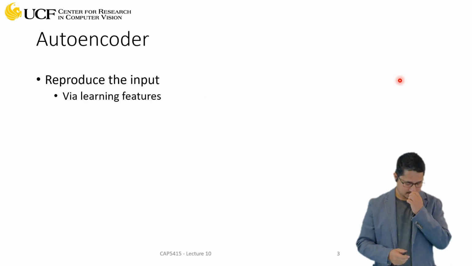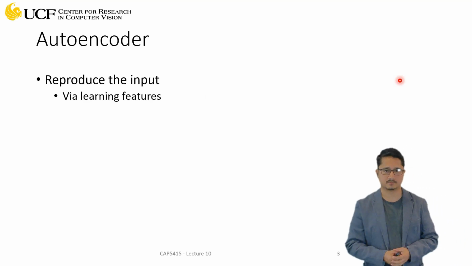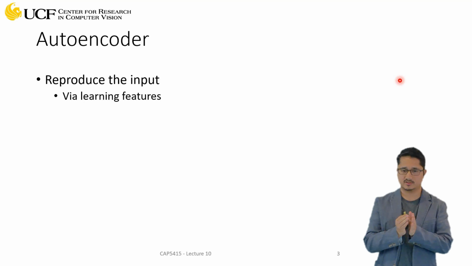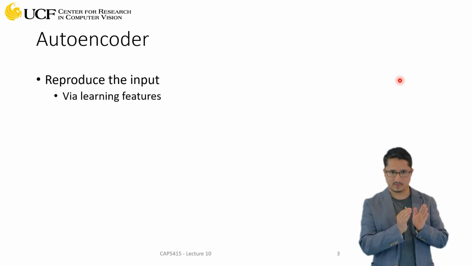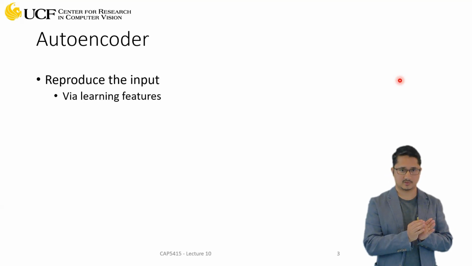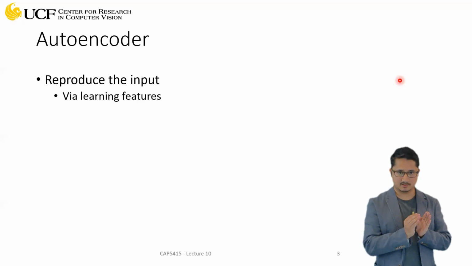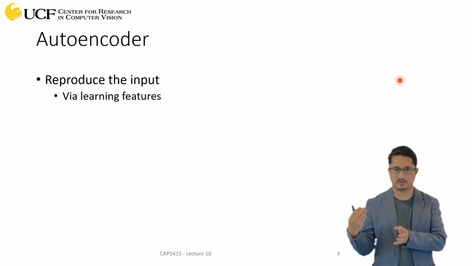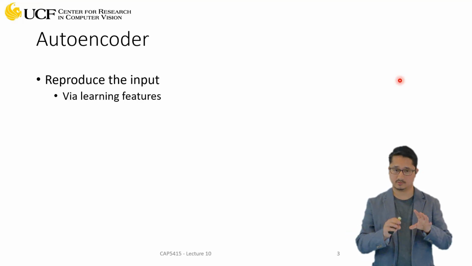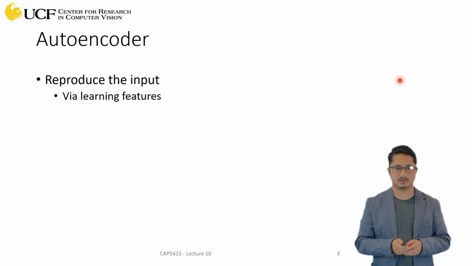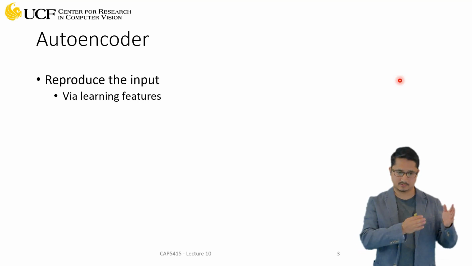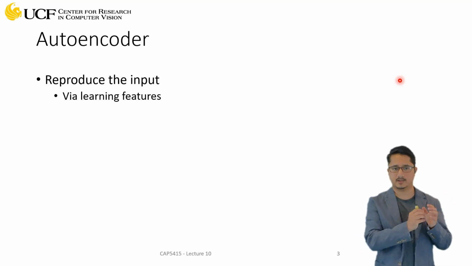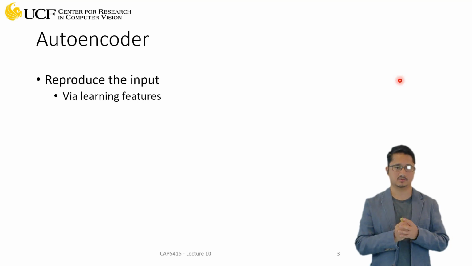Okay, so the core idea of autoencoder is, as the name suggests, whatever input you have, you learn features from that input, and then you try to reconstruct that input. Okay, so that's the core idea. And the way you do this is, you have your input sample and you try to learn some meaningful features.